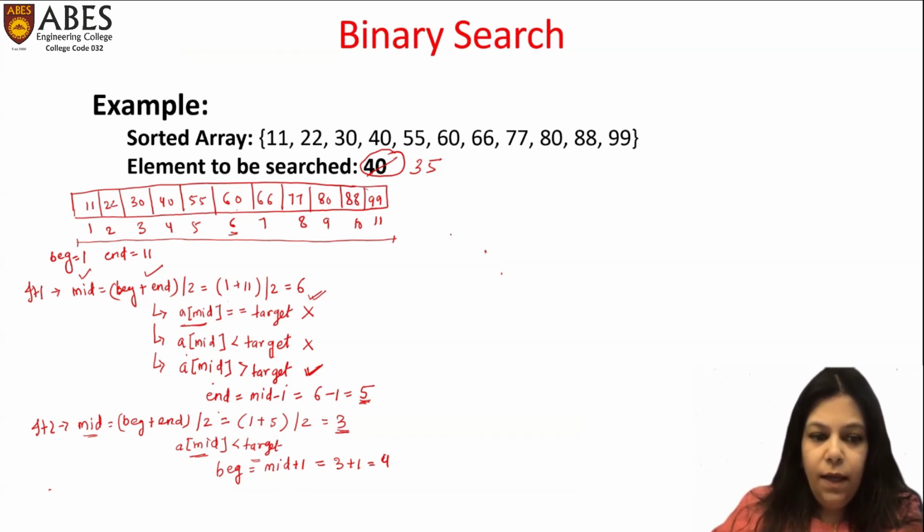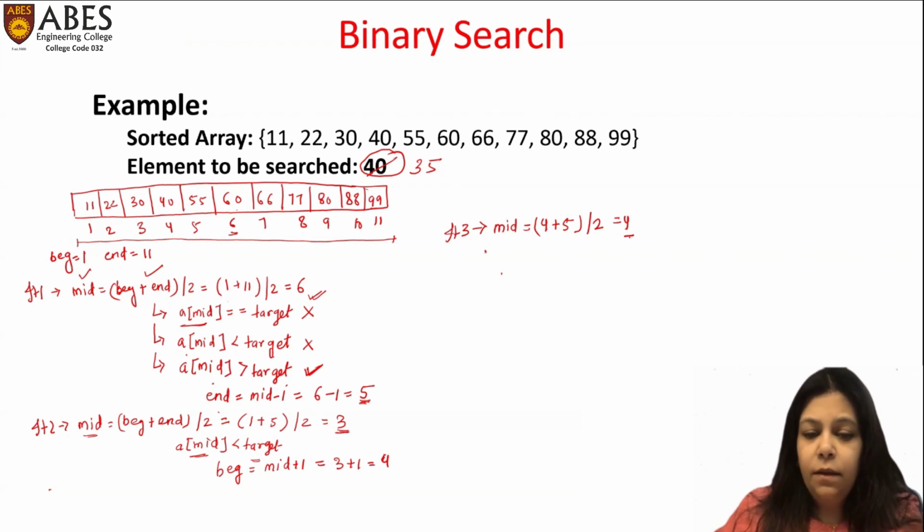Now, in the next iteration, iteration number 3, when we calculate the middle value, that will come out to be 4 plus 5 by 2, which is equal to 4. Here we are not getting the target value at the fourth index, right?